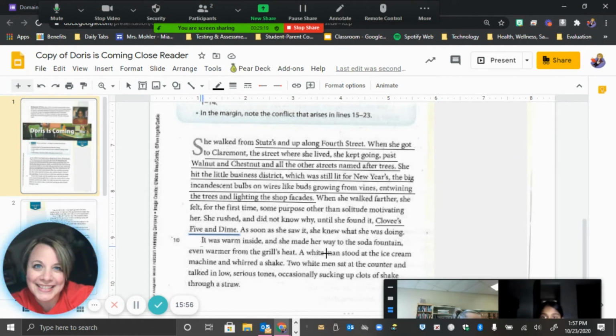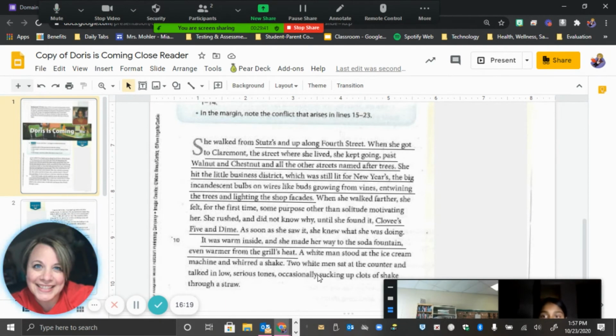It was warm inside as she made her way to the fountain, even warmer from the grill's heat. Okay, so here we have a description of setting. So we're going to underline all of those pieces because that is our setting.